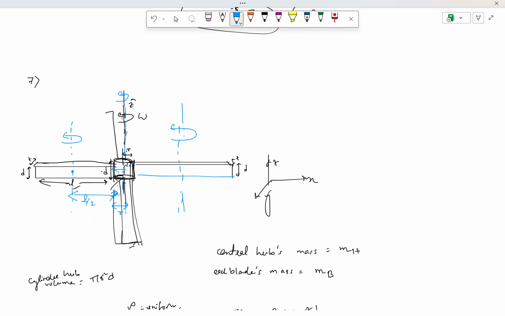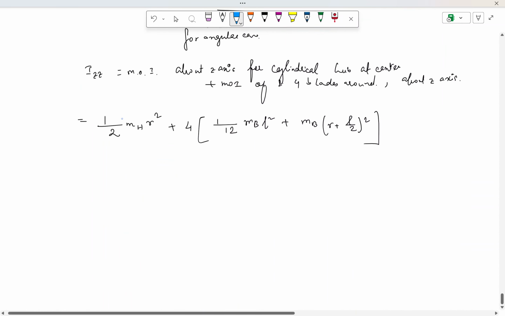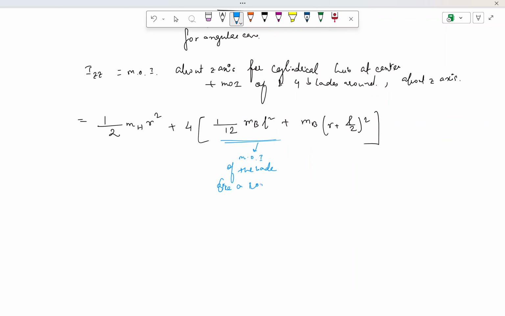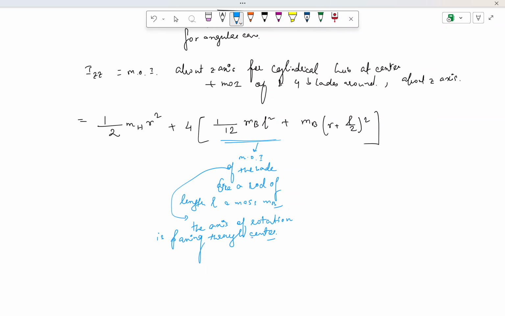To do that, the blade is treated like a rod of length L and mass mb, with the axis of rotation passing through the center of the rod.